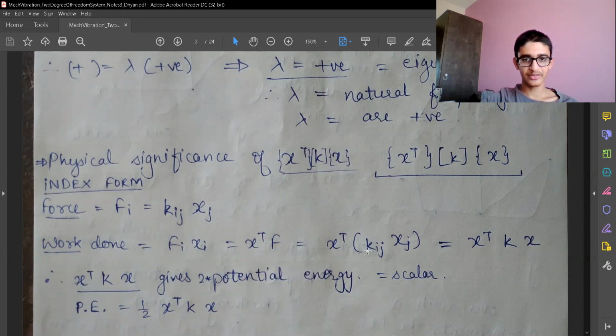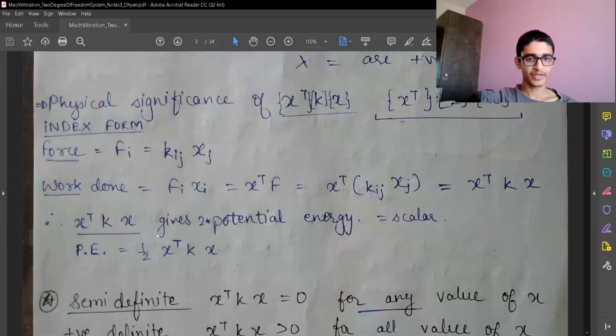So x transpose K x, K being the same as A mentioned earlier, is a scalar value, work done is a scalar. So we can understand that x transpose Kx is some form of energy because work done is energy, and mathematically it will be twice the potential energy. So x transpose Kx is equal to 2 times the potential energy.